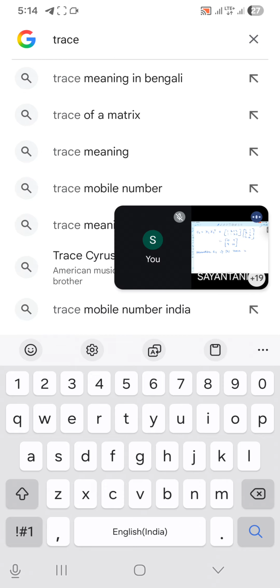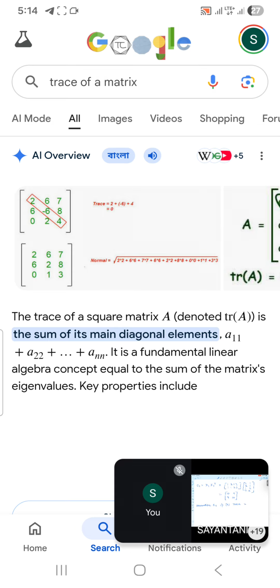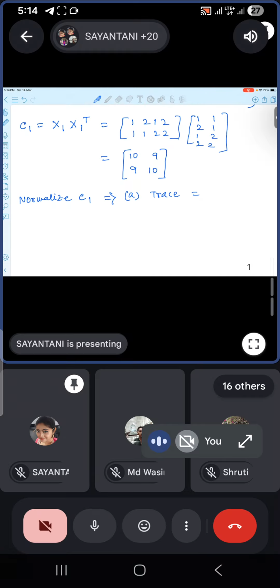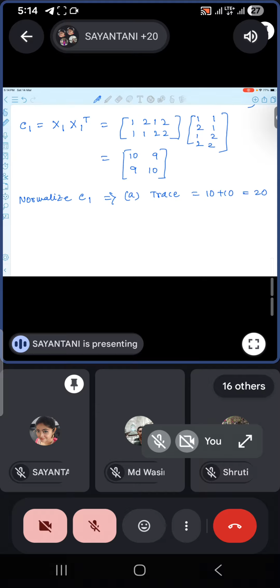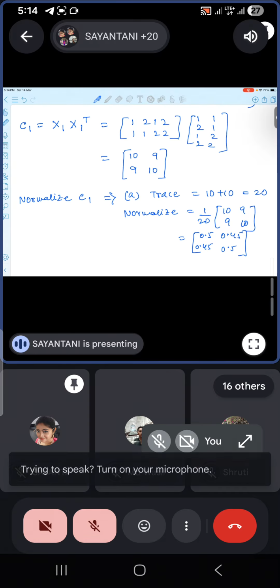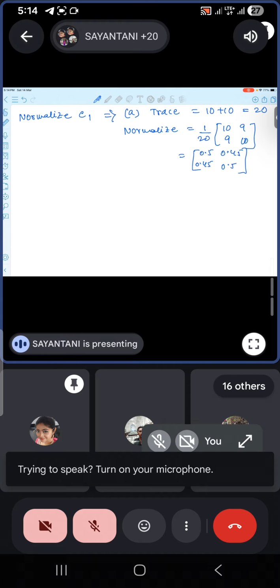You have studied what trace is, right? 20, right. So basically 10 plus 10, you just add the diagonal elements. So that is 20. For normalization, we divide each component by 20. So we get the output something like this. So this is the normalized matrix for X1.